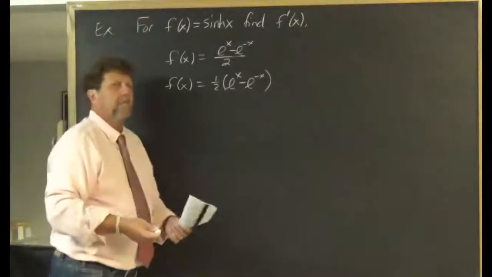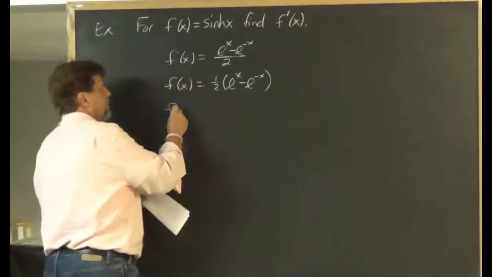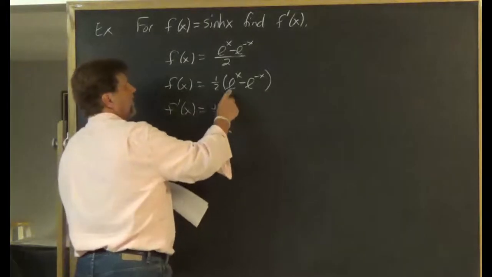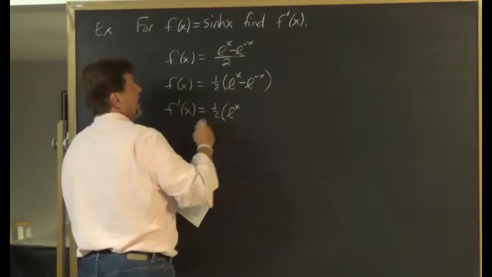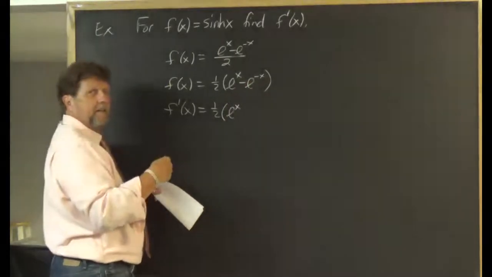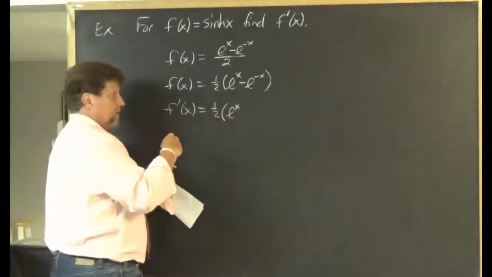And we know how to differentiate exponential functions. So we get the derivative to be 1/2. The derivative of e to the x is e to the x. The derivative of e to the negative x is e to the negative x times -1. Chain rule, derivative of the exponent.